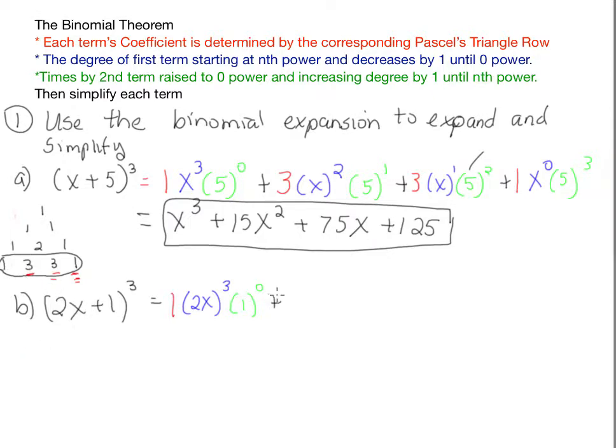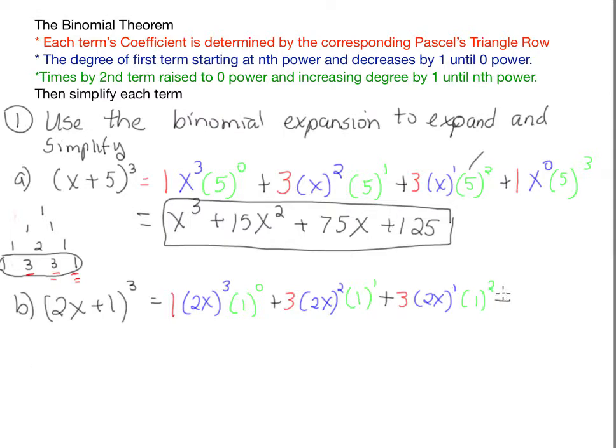3, times by our first term in the binomial, which is 2x, raised this time to the second degree, times by our last term of 1, raised to the first degree, plus, moving on to a third term, that's going to be the third number in Pascal's triangle in that row, which is 3, times by our first term in the binomial, which is 2x, raised to the first power, times by our last term in the binomial, raised to the second power.